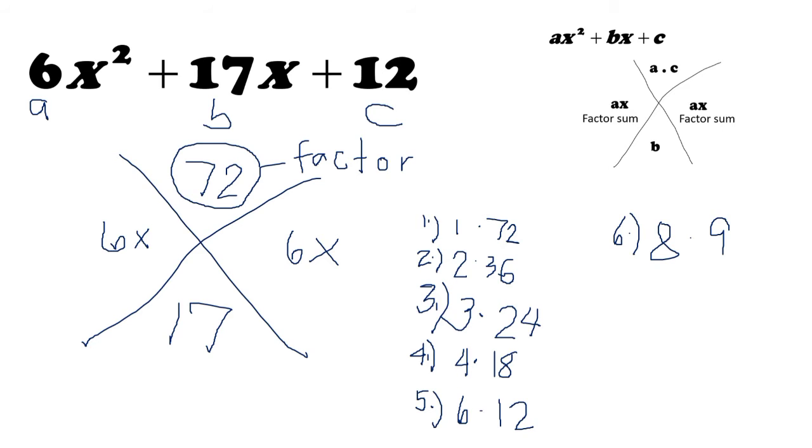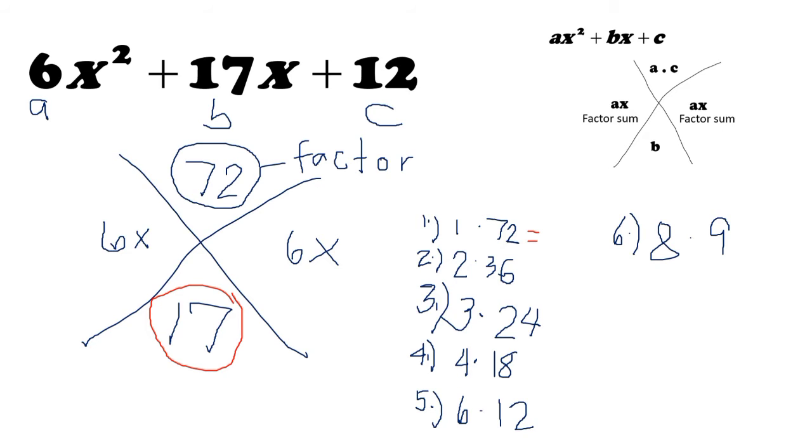Now, the next thing that we should do is, for every set of factors, let's get their sum, and it should be the same as the lower portion, which is 17.